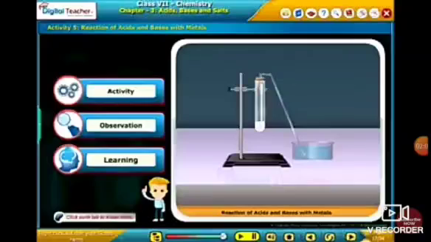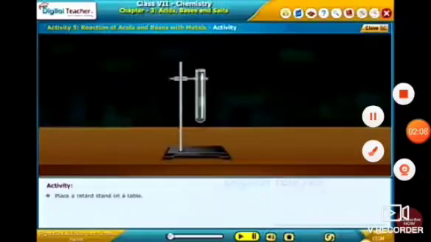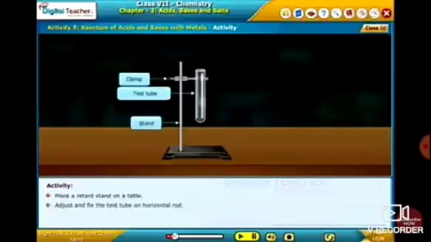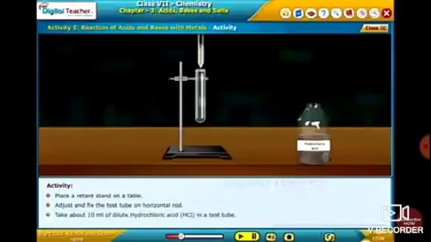Let us perform another activity. Take a retort stand on a table, adjust and fix a test tube on the horizontal rod. Take about 10 ml of dilute HCl in a test tube.